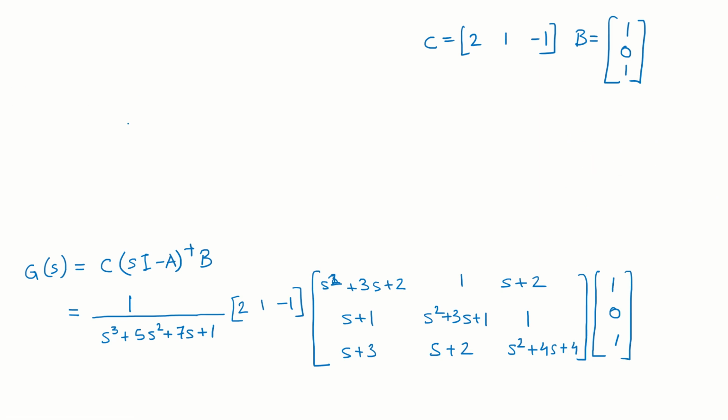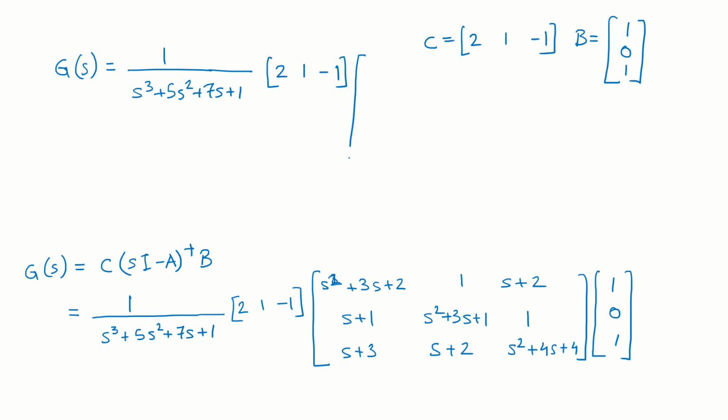So G(s) will become equal to, so this part is already there, s cube plus 5s square plus 7s plus 1, 2, 1, minus 1, and now this will change. So this will be s square plus 3s plus 2 plus s plus 2. So s square plus 4s plus 4.